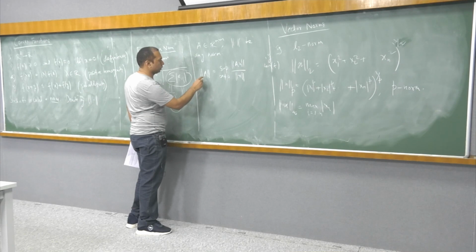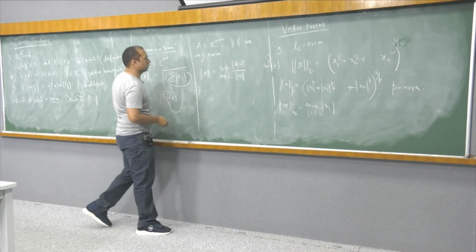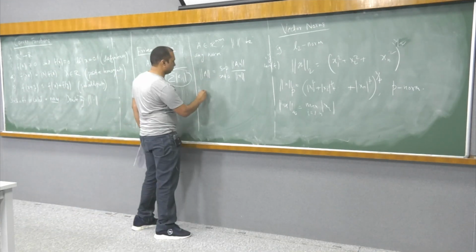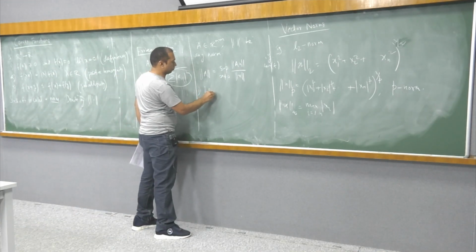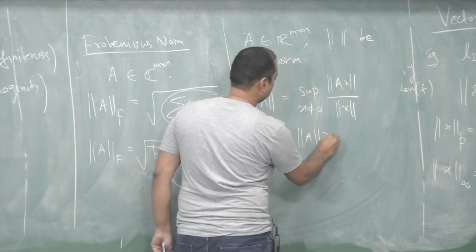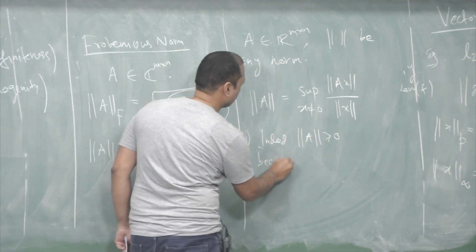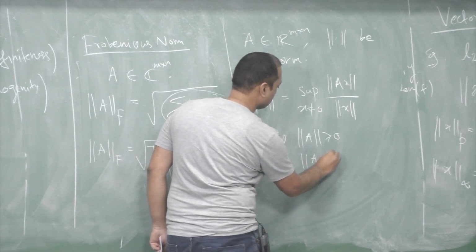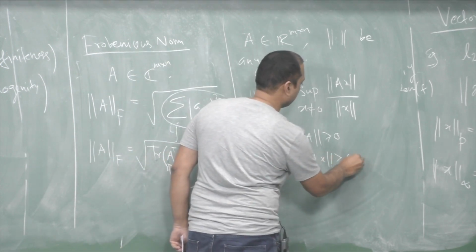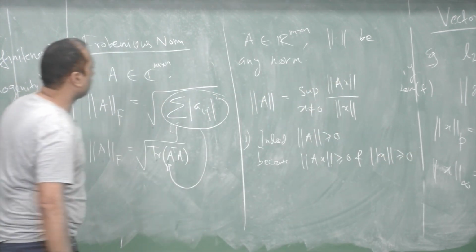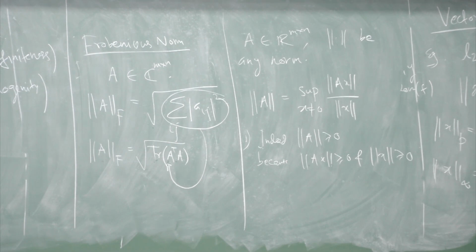So indeed norm of A is greater than or equal to 0, because the norm of Ax, this being a norm, is greater than or equal to 0, and the norm of x is greater than or equal to 0. Now if the norm of A is 0, why should it imply that A must be 0?